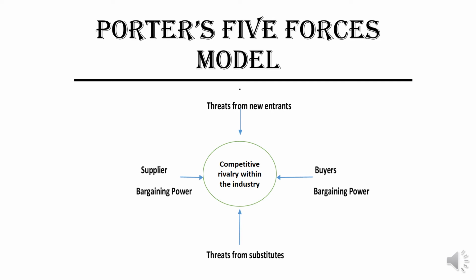So companies within the industry have to always keep updating their products to make sure they are the best and no substitute for them is available in the market. We'll also look at the supplier bargaining power. We all know that companies within the industry also get supplies from suppliers.